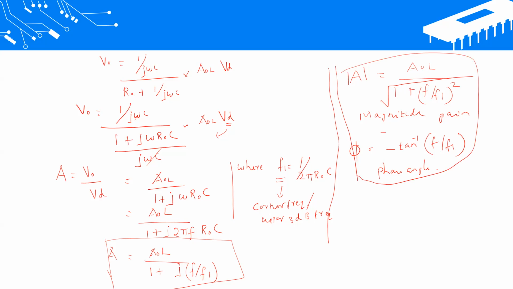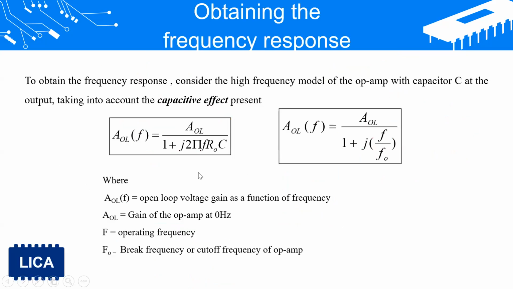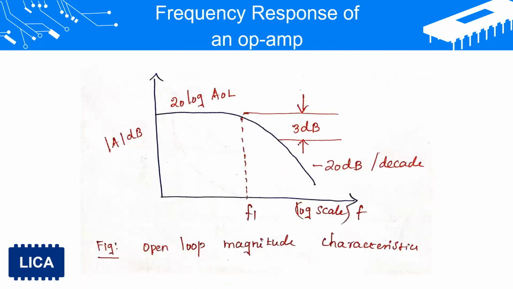Do you remember, f1 is your corner frequency. After the corner frequency, the gain will get rolled down. So we will be seeing it like this: this is the magnitude and phase. Here is our frequency response of an op-amp.